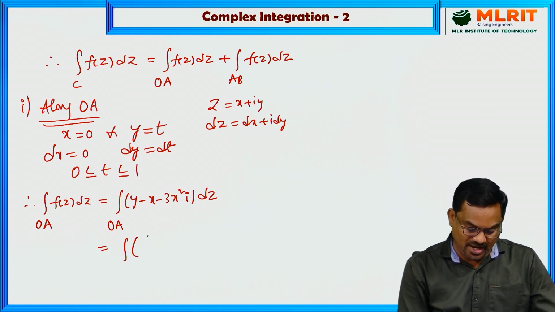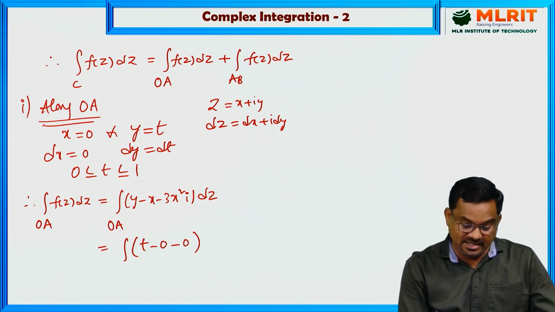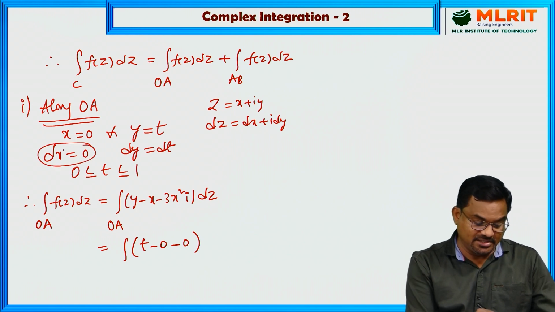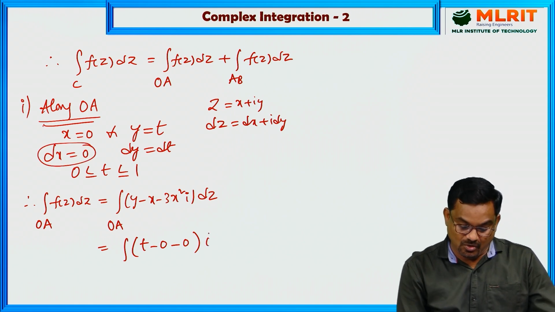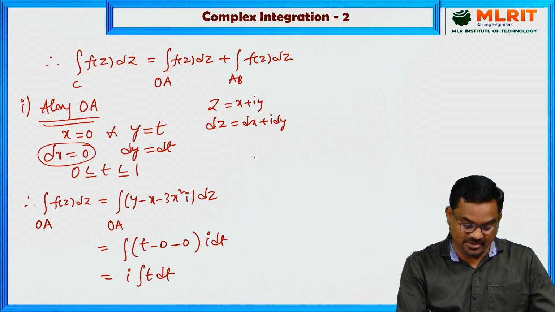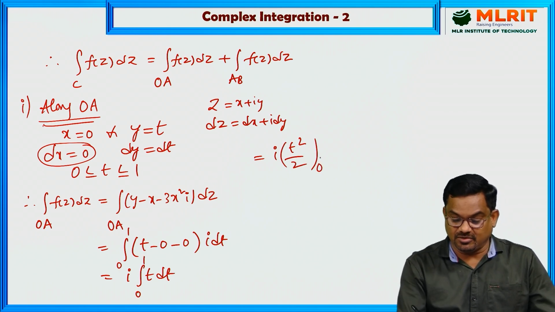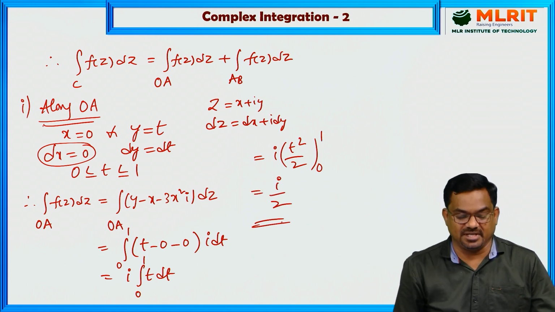So first we have y, t, minus 0 minus 0, times dz. dz is dx plus i dy, but dx is 0 since x is 0. So only i dt remains. So this is i times the integral of t dt, which is equal to i times t squared by 2 from 0 to 1. The limits for t are 0 to 1. So i by 2. This is the first integral.